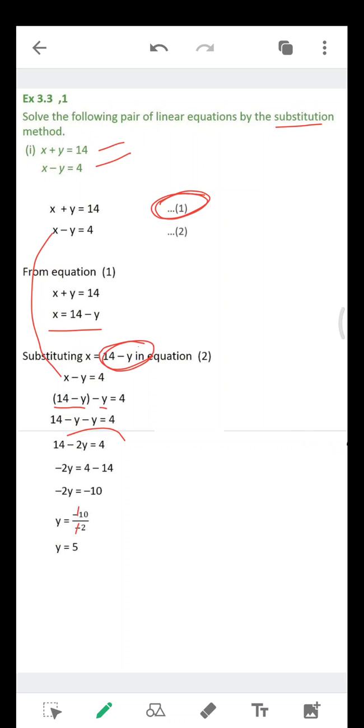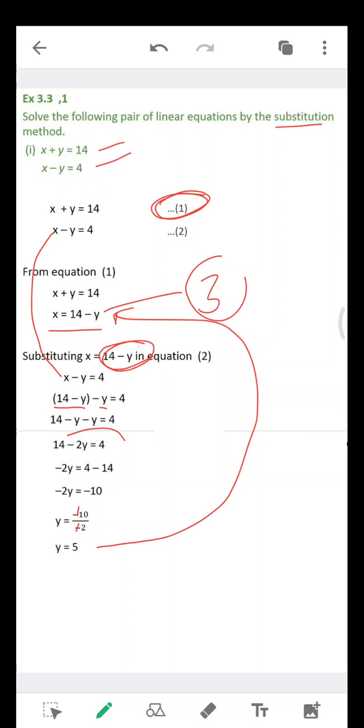So we got y value. This y value you can substitute in any one of the above equations. Better you substitute in the equation where we framed x value in terms of y. You can name it as equation number 3 also, for your convenience.